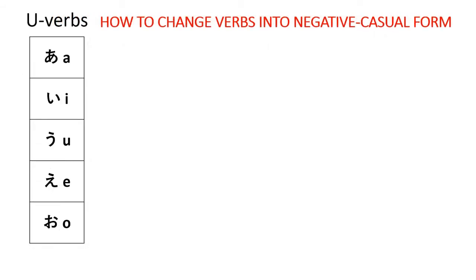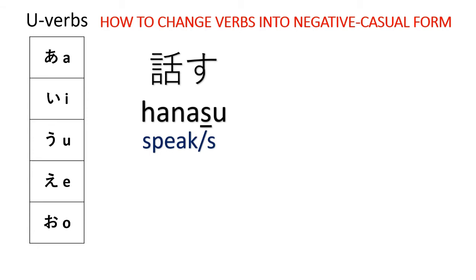Now we will learn how to change u verbs into present negative casual form. Here we have the first u verb, hanasu.